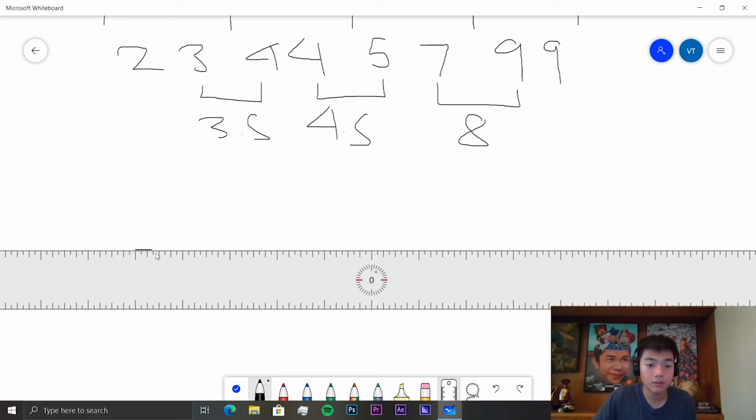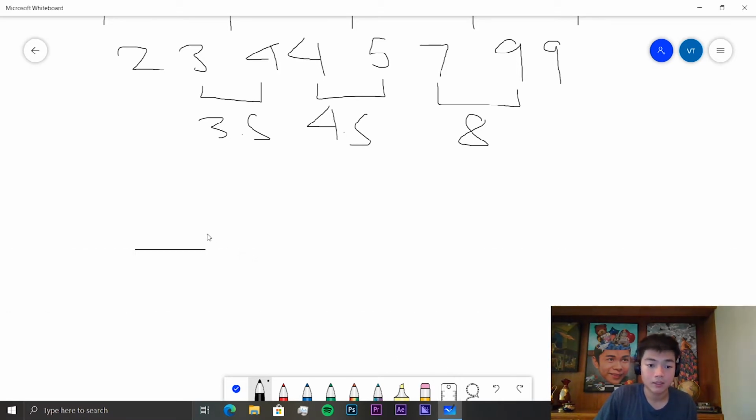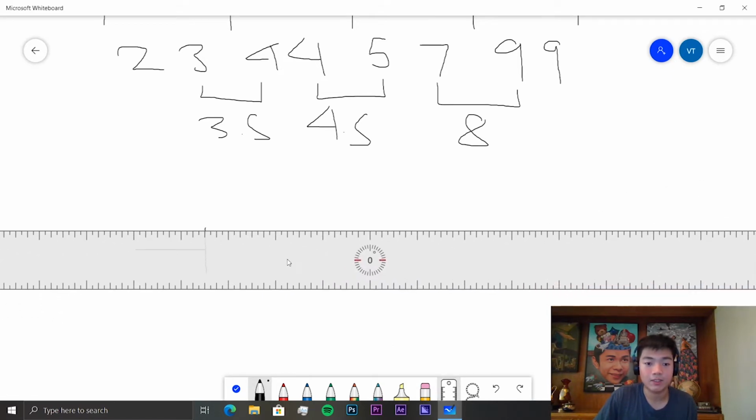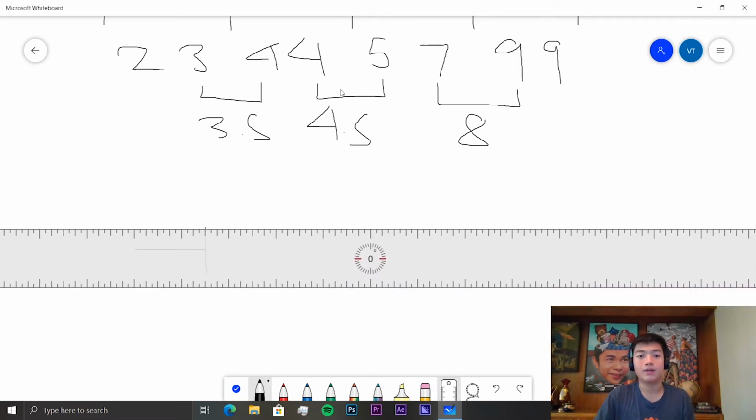So we go from 2 to 3.5. And then we draw from here a box, something that looks like this. And then next we go from 3.5 to the median, 4.5.